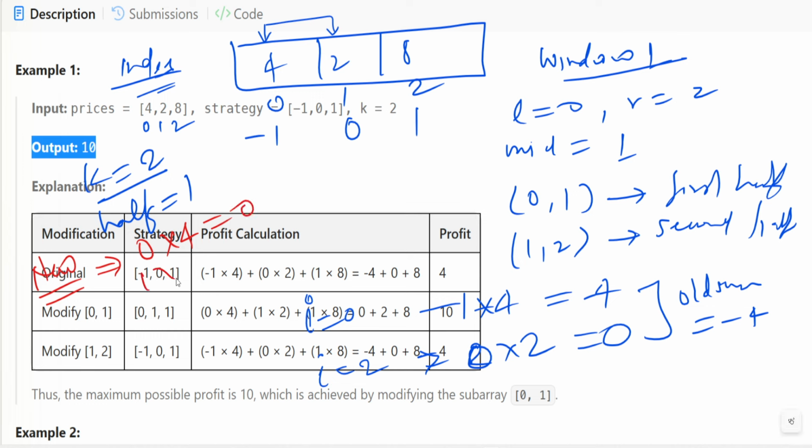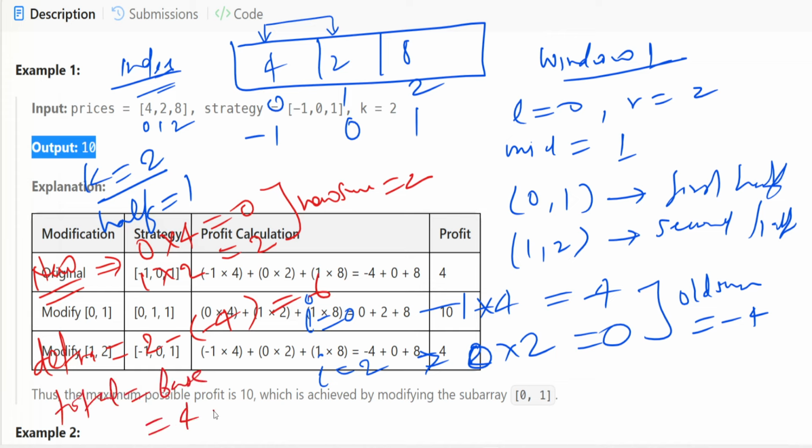And here 1 into 2 after the modification, we'll get 2. Means total we'll get a new sum equal to 2. So what is the delta we have here? Delta is 2 minus (-4), which gives 6. We'll say total equals base 4 plus 6 equals 10.